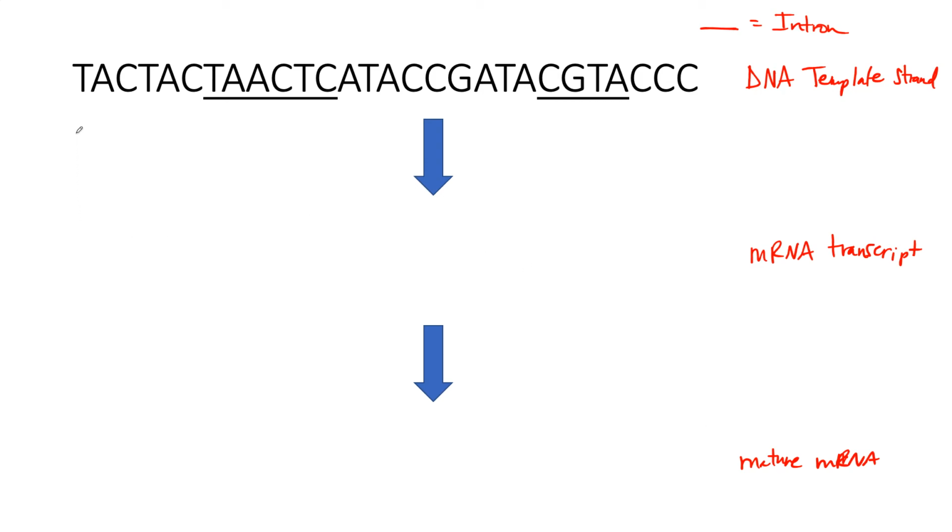So what I'm doing is I'm just determining, if I see a thymine here, when the RNA polymerase reads that, what nucleotide in the mRNA transcript is it going to add? And so that's going to be an A. This is not going to be a T because RNA doesn't have T. It's going to be U for uracil.